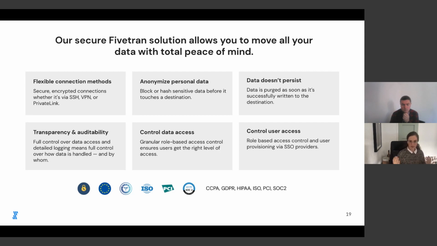And then control, which I talked about a lot. Control without constraint. What we have in Fivetran is very granular role-based access control, meaning we can grant access on many levels. You could grant someone access to all of the connectors, the data sources, or data connectors as we call them in Fivetran, within your account. But you can also give access to literally just one connector.